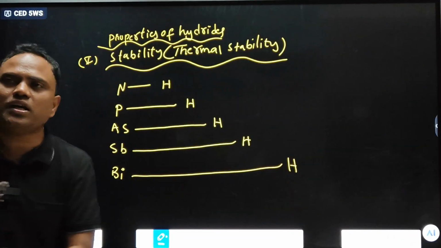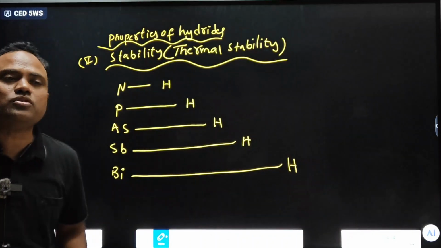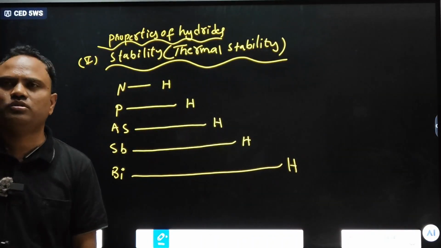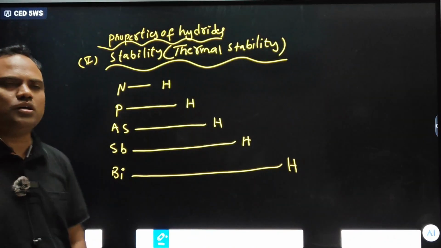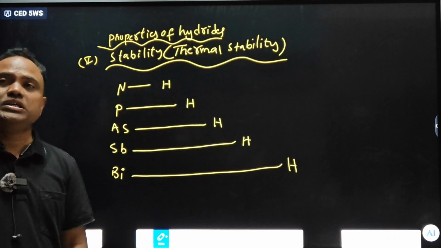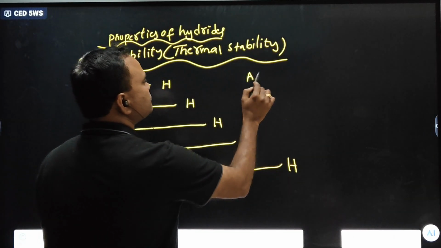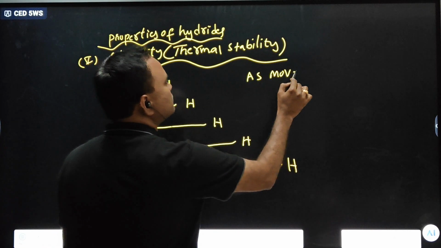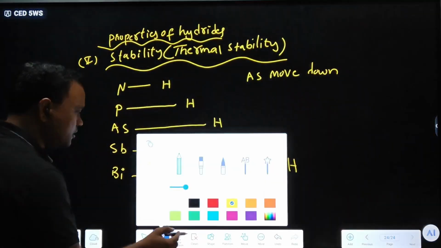NH has more bond energy. If bond energy is more, then stability is also more. Got it, Adiba? NH bond is a strong bond, so a stable bond. So what I am writing, as we move down, see, the radius increases.